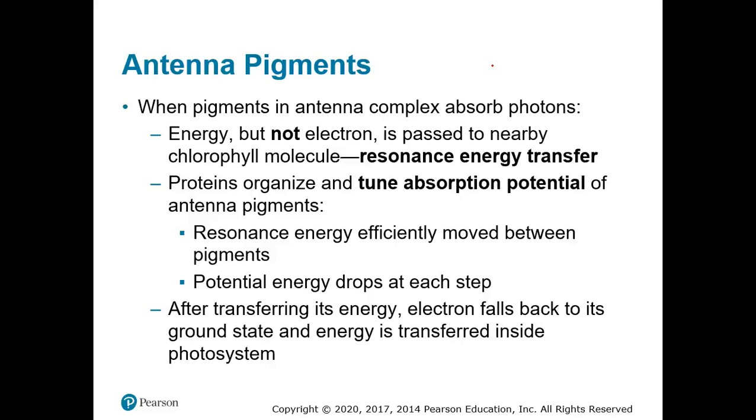It is not like an electron carrier. How we do it is by just letting that energy pass between neighboring chlorophyll molecules, but our electron always stays in the same place. So this process is called resonance energy transfer. We are moving that energy between chlorophyll molecules.